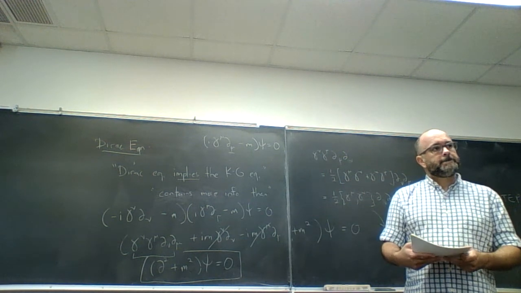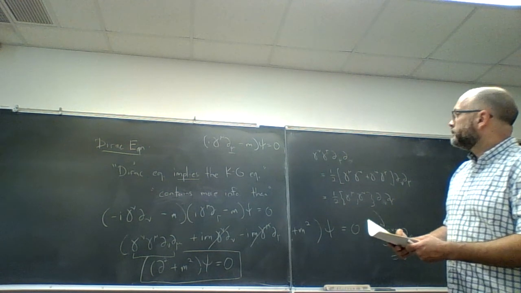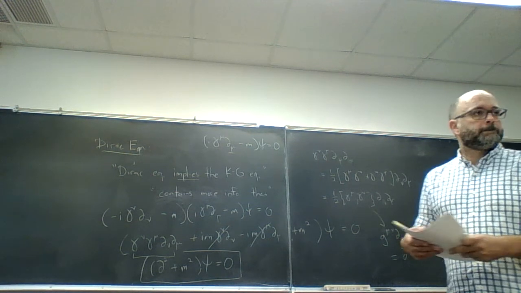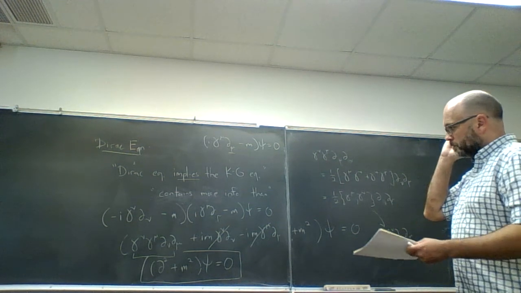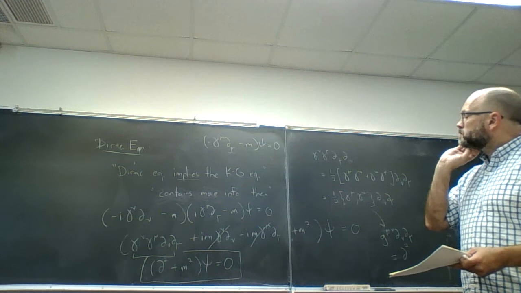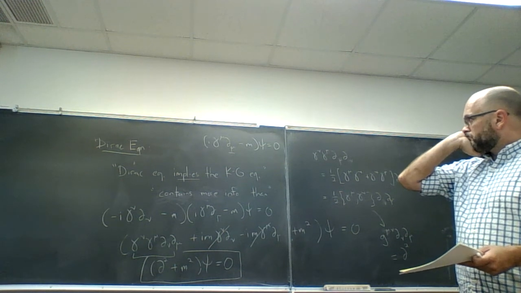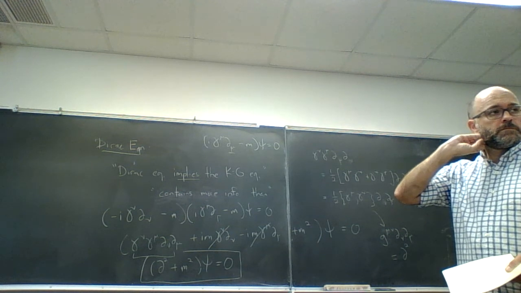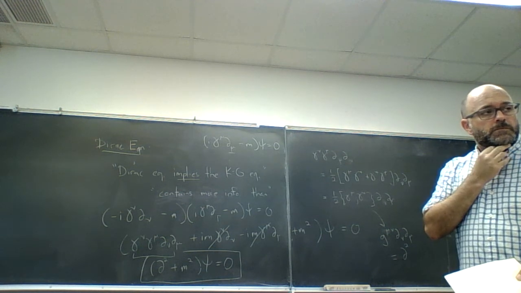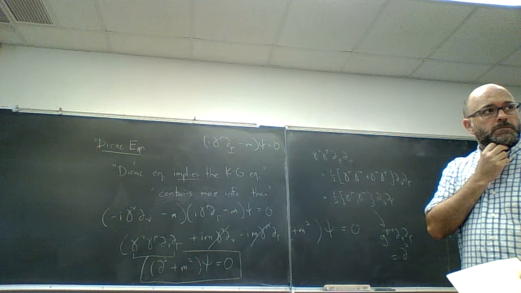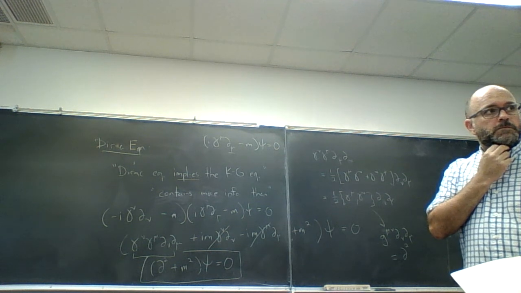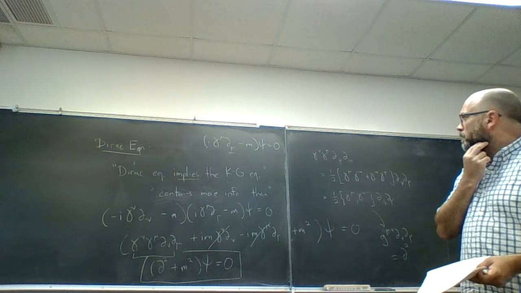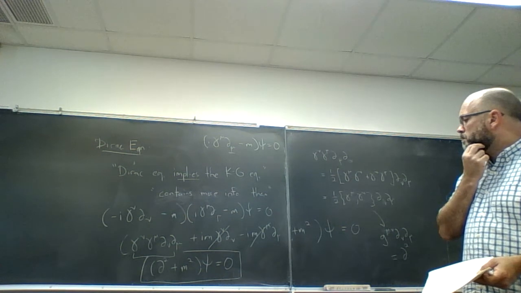And in the Dirac equation, also m is a scalar. So since in the Klein-Gordon equation m squared is a scalar, we don't have the information about this.